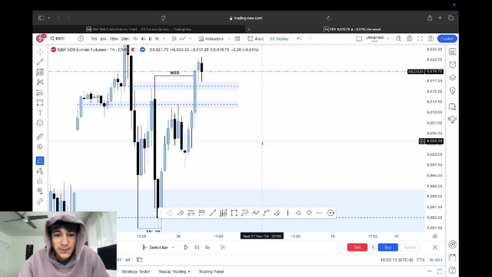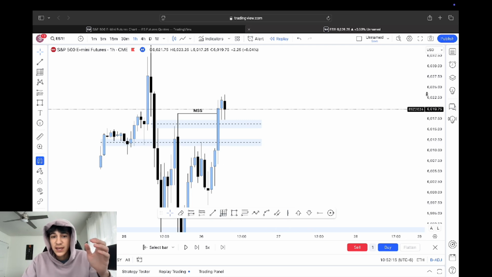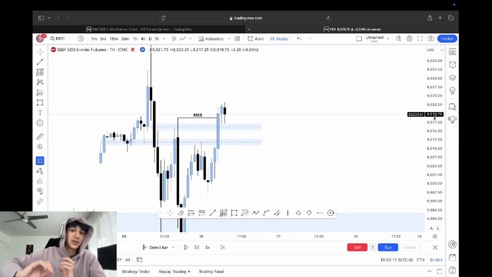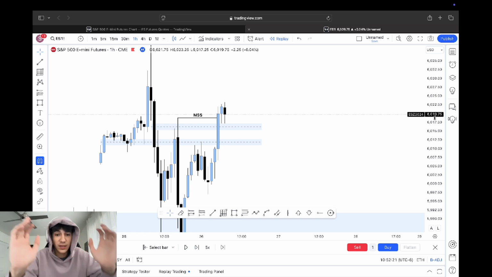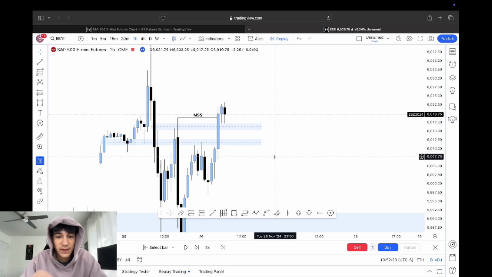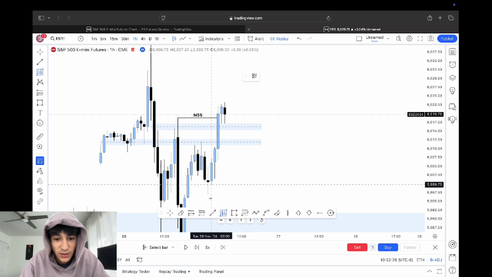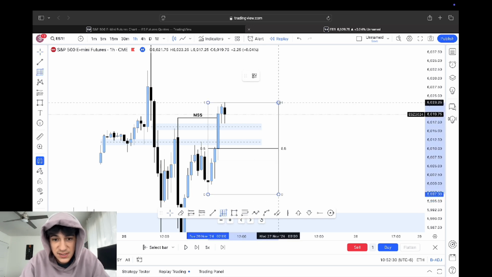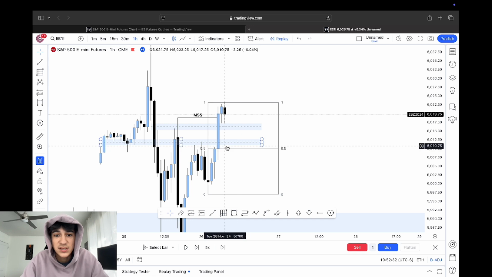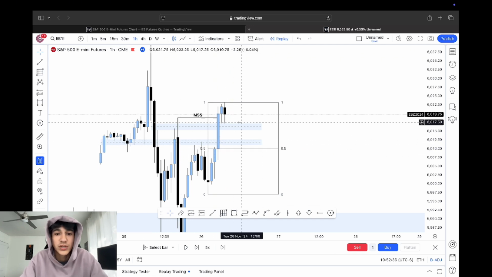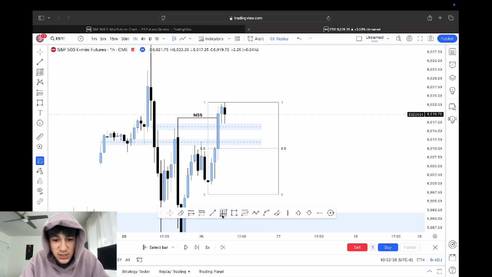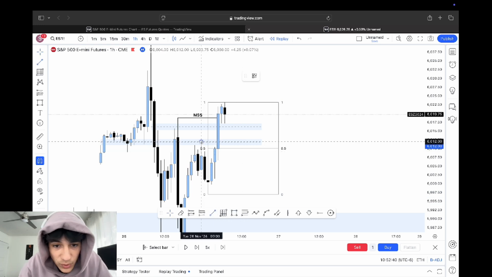So this is what I want to see. Like I said, everything high time frame is telling me bullish. I could press buy and be okay with it going up, but I'm trying to find the best trade possible. So I wait for us to come back into this equilibrium zone, and as you can see, this is next to this BPR foreshadow, and we also have this order block right here.